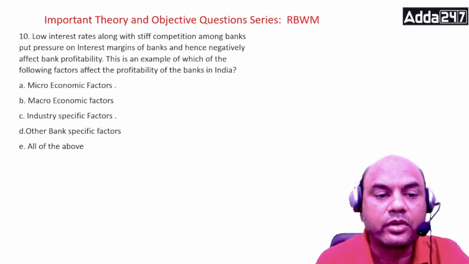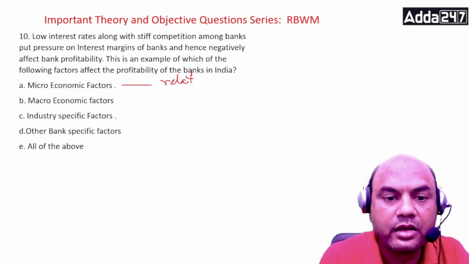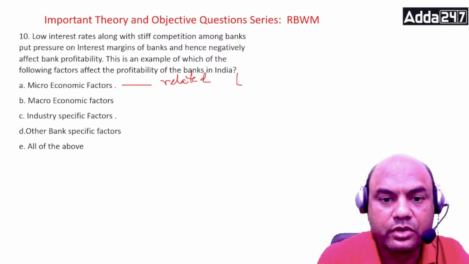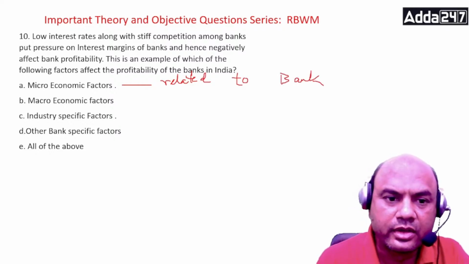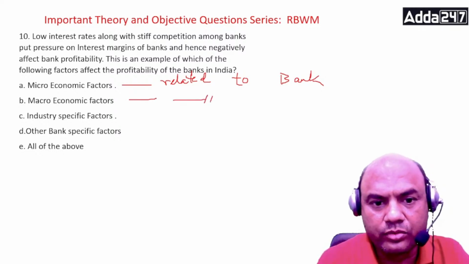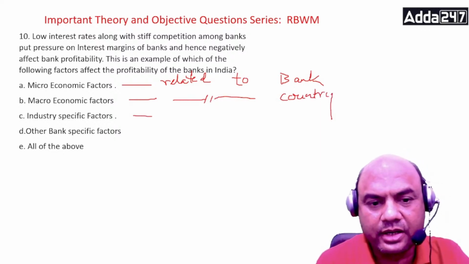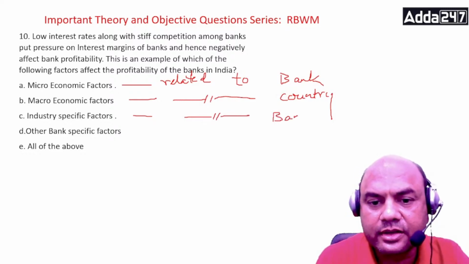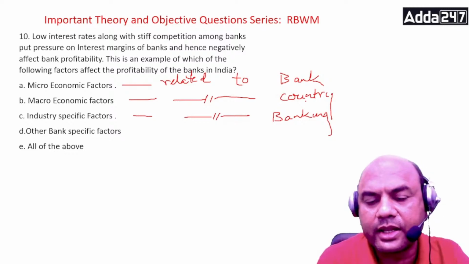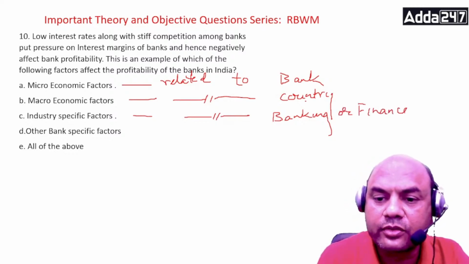So what is microeconomic? Microeconomic means related to company, related to bank. Macro means related to country, the economy as a whole. Industry specific is related to the banking or finance industry, which includes all the banks and all the financial companies.